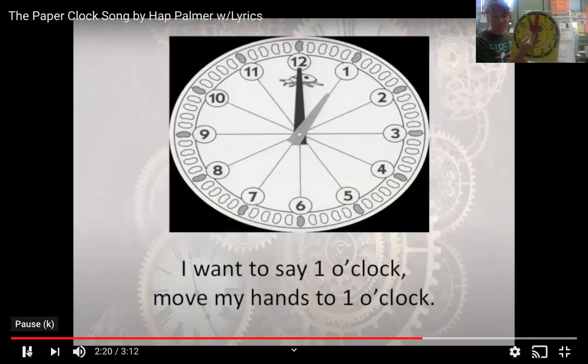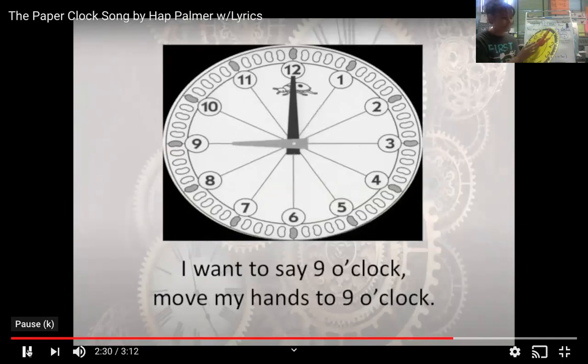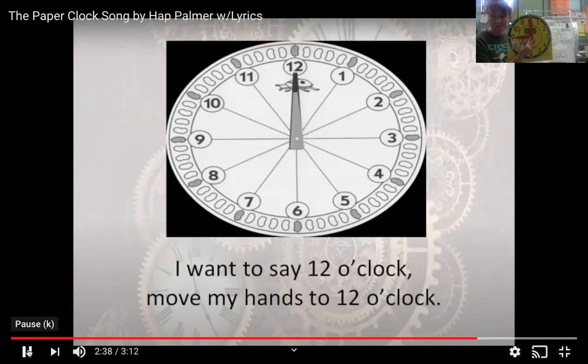I want to say 1 o'clock, move my hands to 1 o'clock. I want to say 9 o'clock, move my hands to 9 o'clock. I want to say 12 o'clock, move my hands to 12 o'clock. Both hands are on the 12.